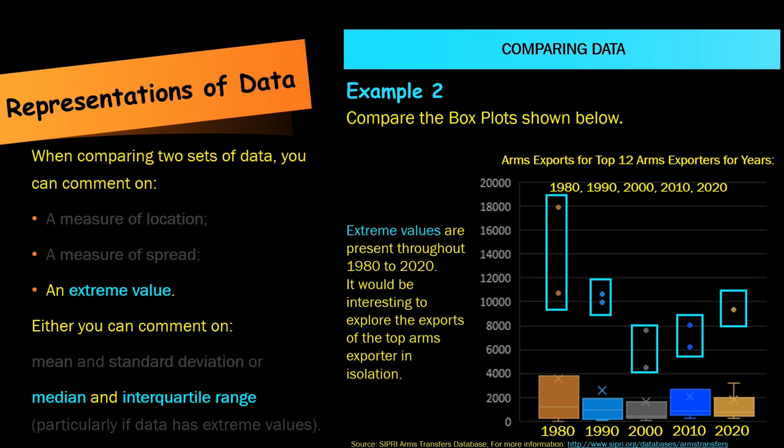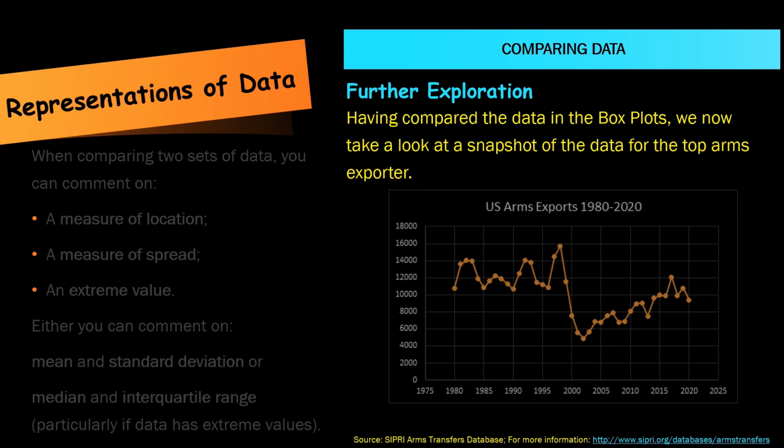It would be interesting to explore the exports of the top arms exporter in isolation. So let's take a look. Having compared the data in the box plots, we now take a look at a snapshot of the data for the top arms exporter from 1980 to 2020. What's happening here? You can see this presented as a frequency polygon.